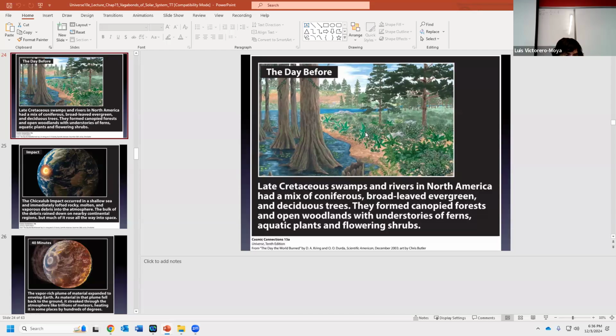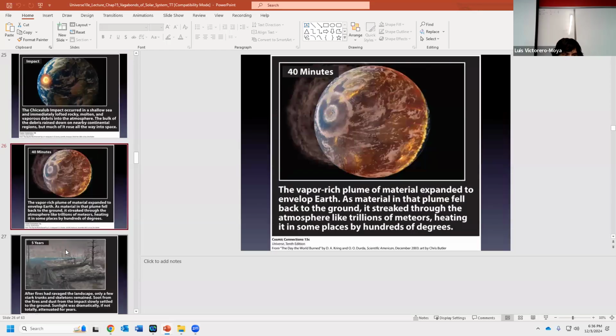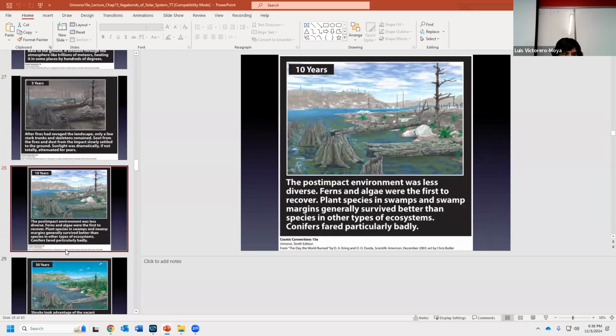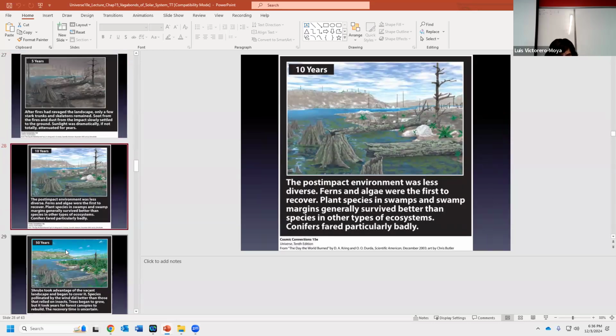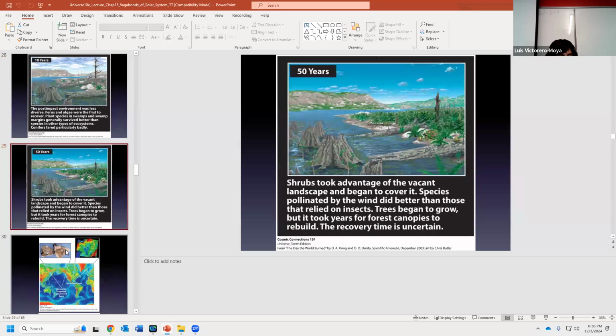After the comet impact changed the geography and geology of the planet, look after 10 years and then after 50 years. After 50 years, all the dinosaurs were extinct. And then we have other animals, other types of trees. That's why the botany changed.